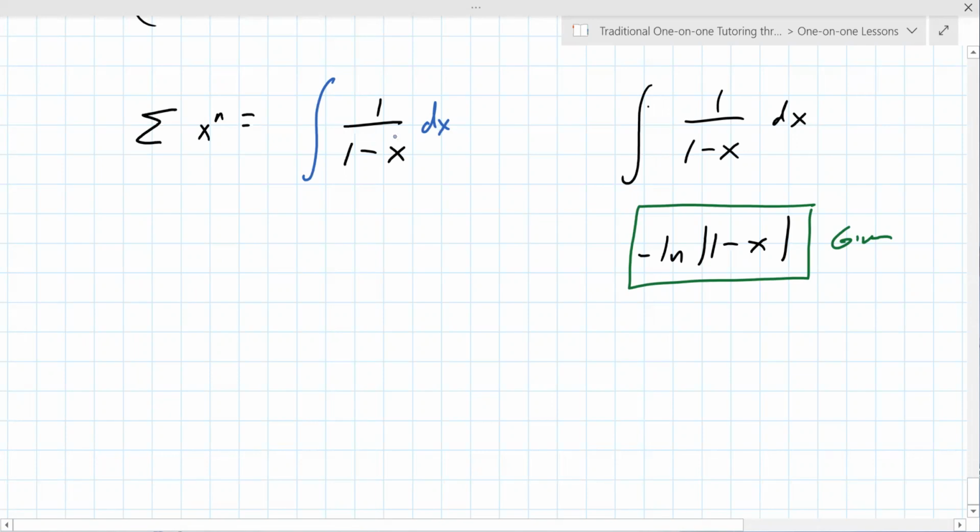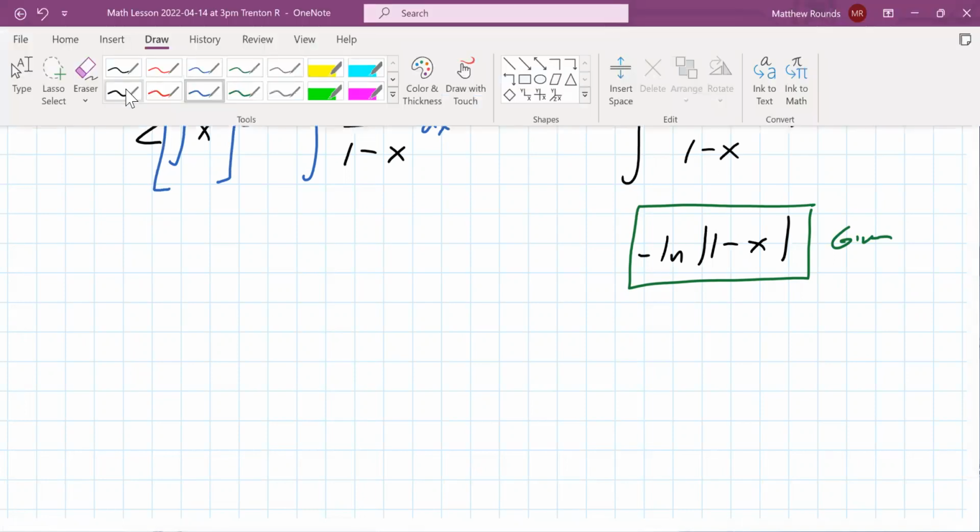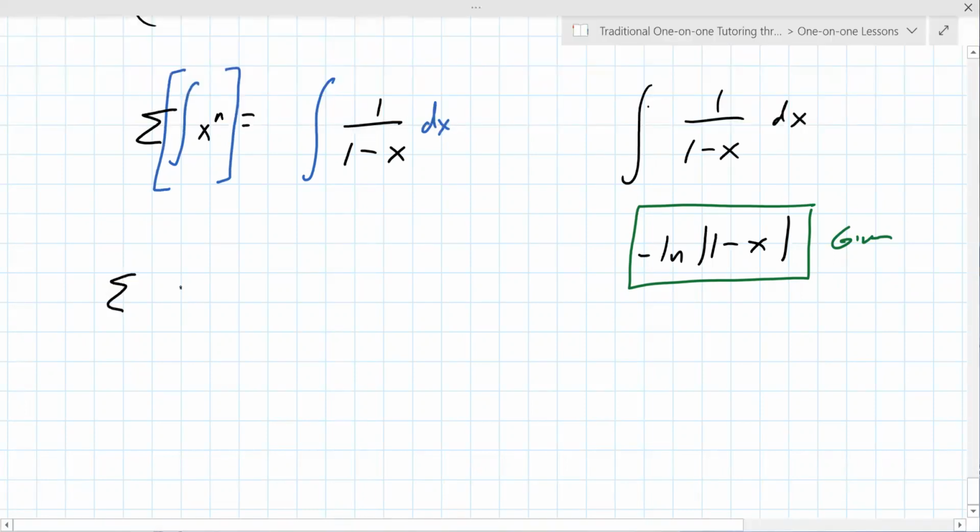And since you know it's the integral of this, you can integrate the x to the n. So this becomes sigma x to the n plus 1 over n plus 1 is minus natural log absolute value 1 minus x. Where's the n plus 1 from? Because it's integrated.